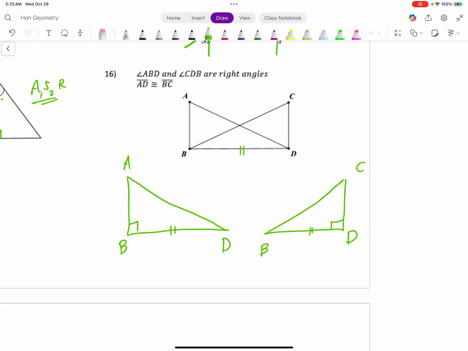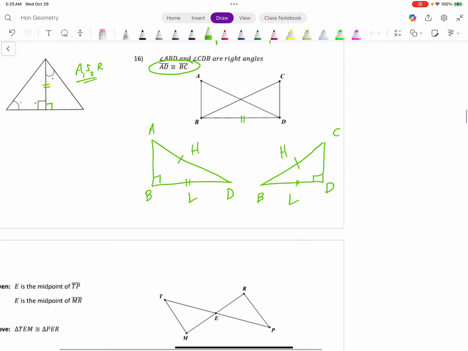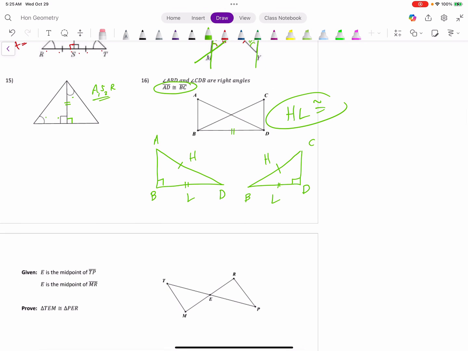We've got a right angle and a leg. We've got an angle on the side. That is not enough. Wait, or do we? Oh, I'm not looking at all the givens. AD is congruent to BC. Ah, there it is. So here's a hypotenuse, and there's a leg. It probably helped to look at all the things they tell you are true about it. So these are congruent because of hypotenuse leg.